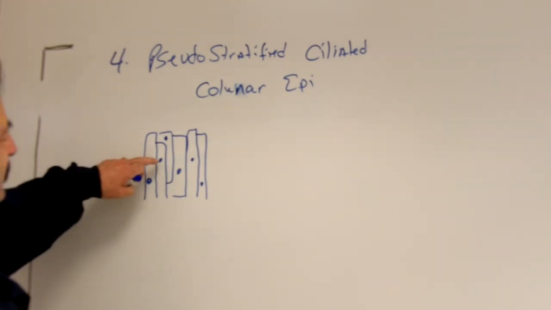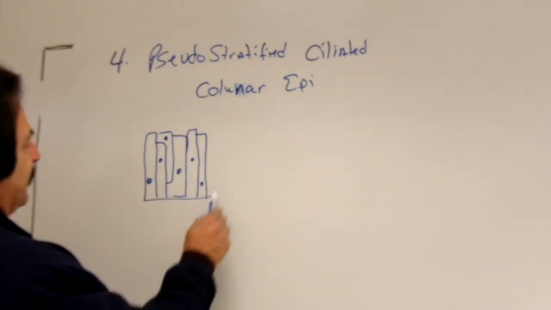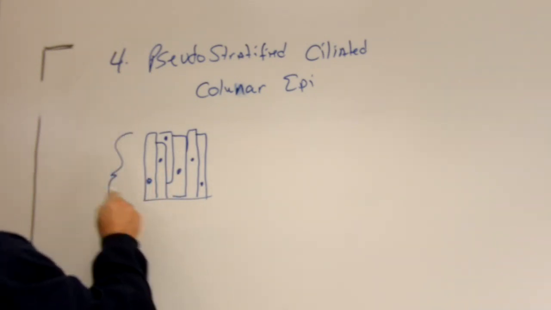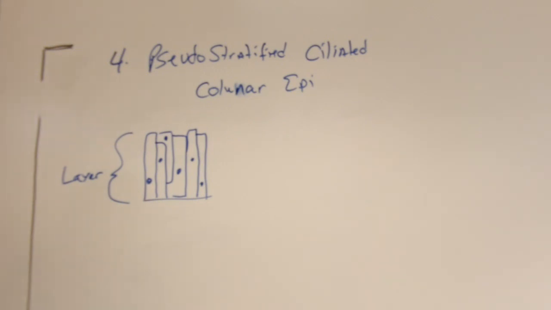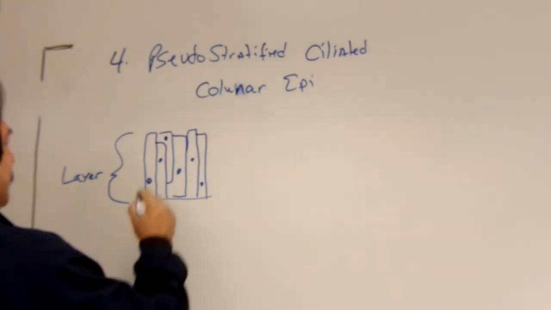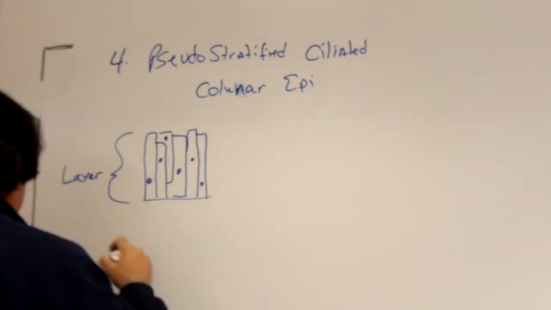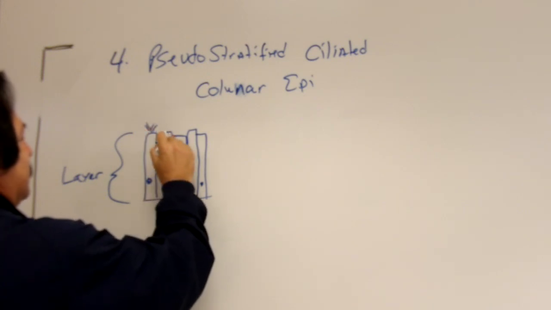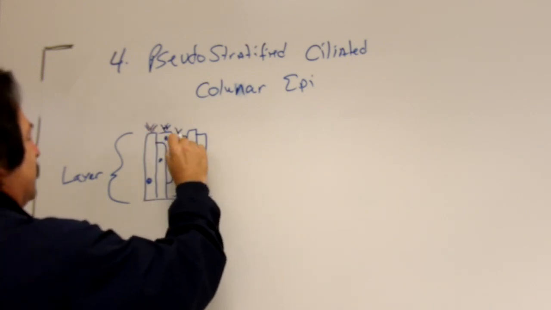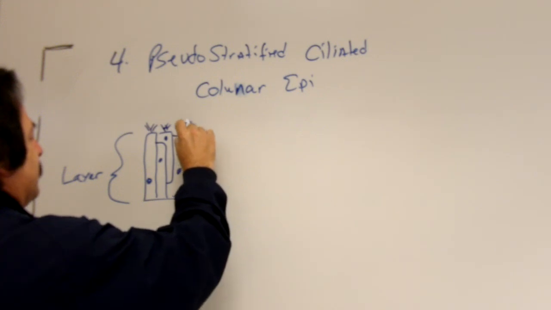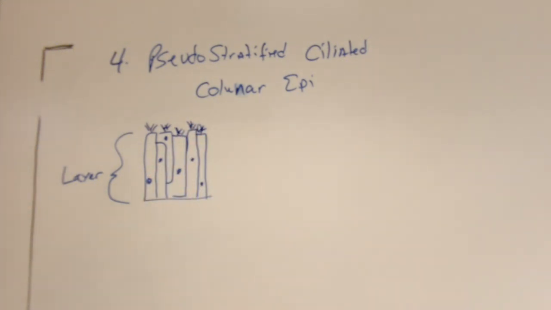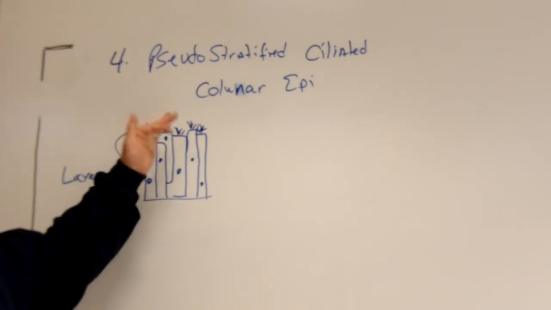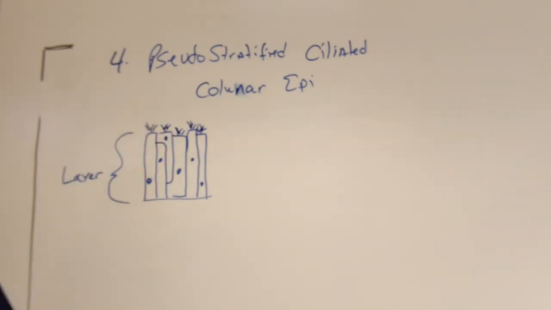But notice that this is just one layer thick. Just a single layer. And one of the things that's on the apical side are these little hairs. Similar to the tails of a swimming sperm, these cilia beat back and forth.